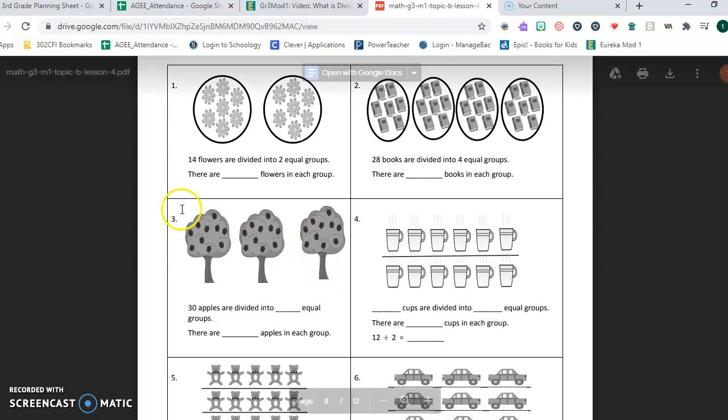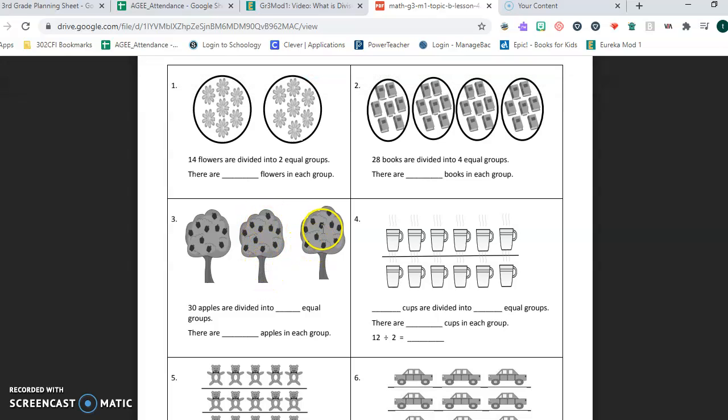So I see 1 group, 2 groups, and 3 groups. Now that you know that part, you've got 30 total apples divided into 3 equal groups. So how many are in each group? Another way to look at that would be 3 times something equals 30.